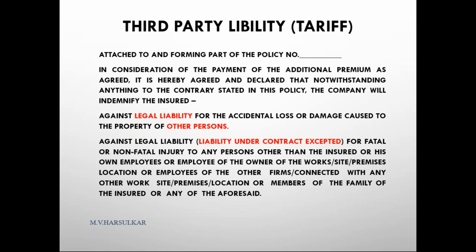Negligence or other aspects have to be proved by the claimant. If the insured is legally liable, mostly such claims are settled in court. If it is found to be legally liable, then the insurance company will pay.